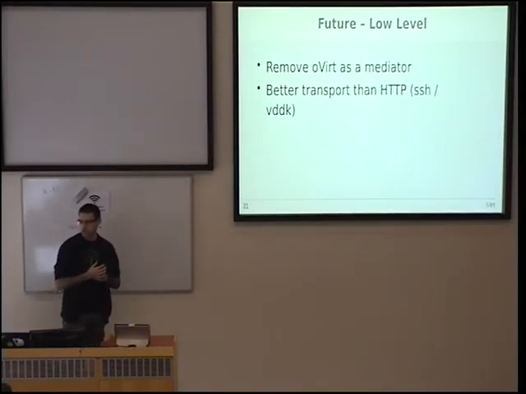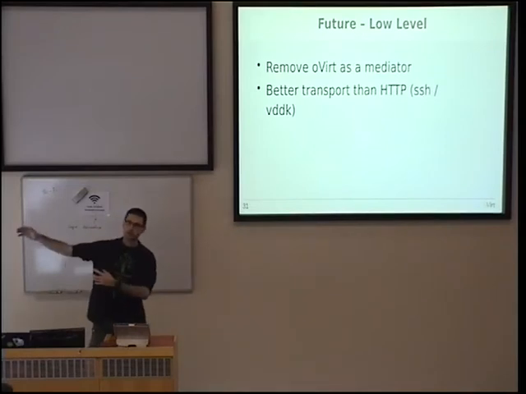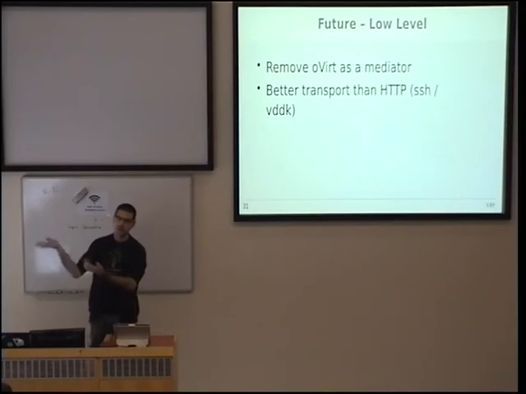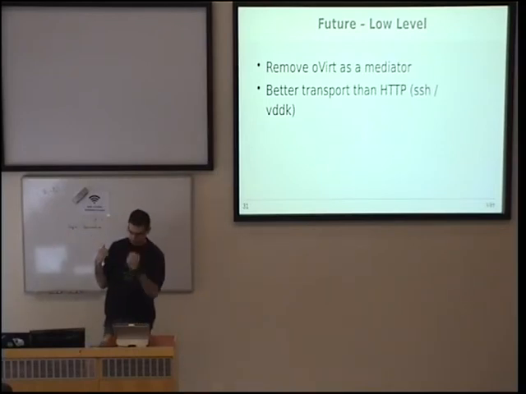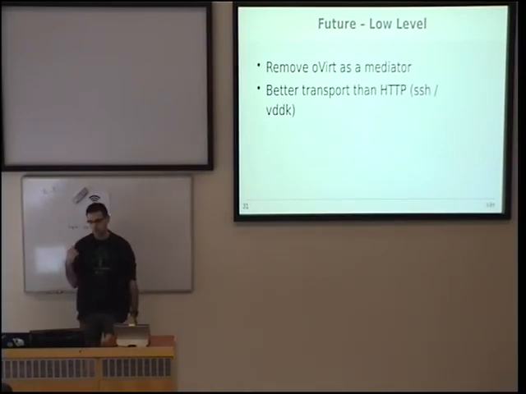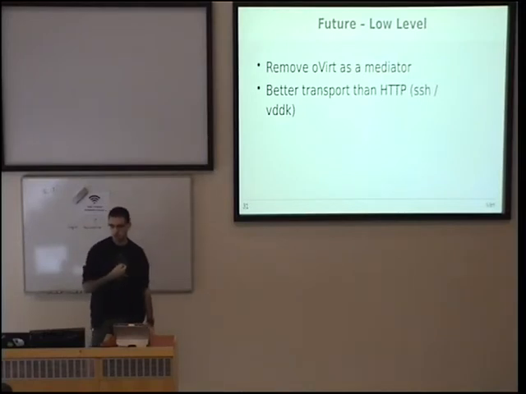So this is, let's say, the one. And the second enhancement on these lower layers is that currently, when the disks of the virtual machines are copied over from VMware to oVirt, then HTTP is used as a protocol to get the VMs from VMware, which is not ideal. Virt v2v supports also better ones, SSH and VDDK.